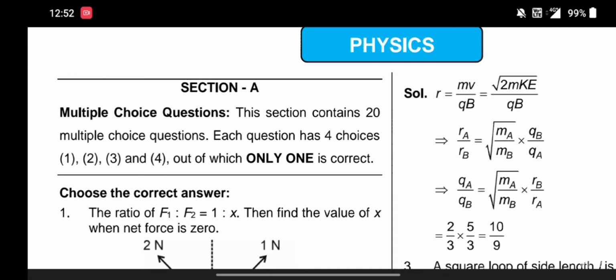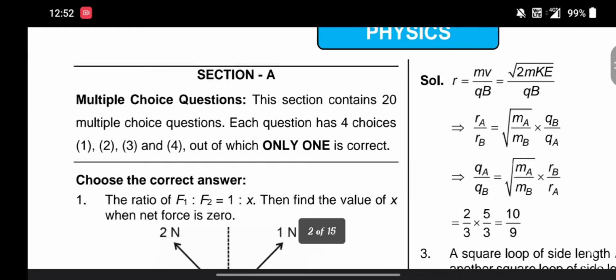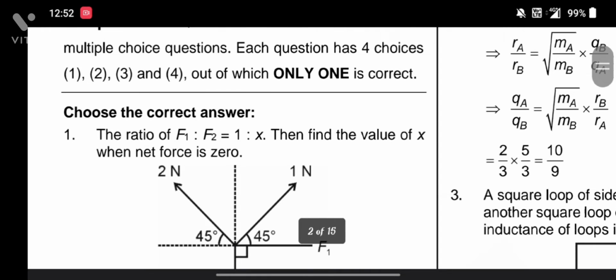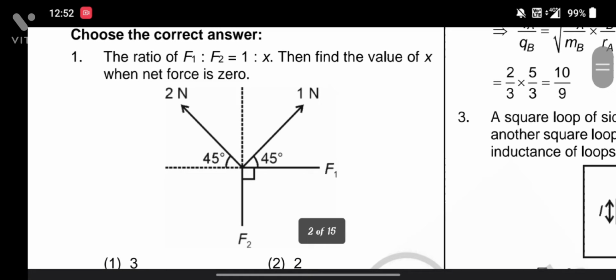Today we are going to solve JEE Mains 2022 July 25th, shift 1, session 2. First, let us see what the question is, then we will try to solve it. The question they have given is: the ratio of f1 to f2 is equal to 1 is to x.